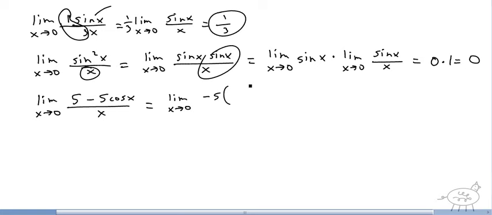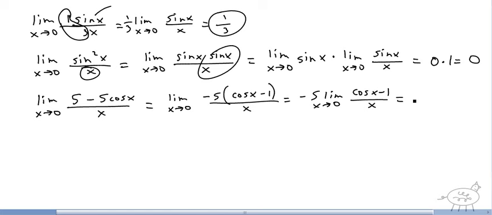Because if I turn it around, then I get cosine of x minus 1 over x. Right? Is that okay? I hope that's okay for everybody. I can't really tell because I can't quite see you from this video. But again, here we are. We're going to pull that negative 5 out, so it's equal to negative 5 times the limit as x approaches 0 of cosine of x minus 1 over x. And cosine of x minus 1 over x equals 0, so negative 5 times 0 is 0.